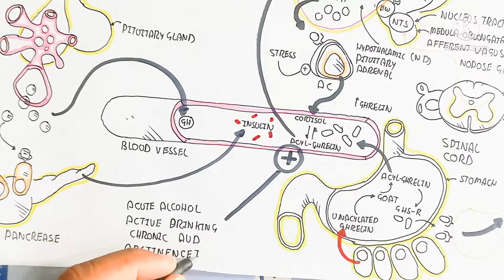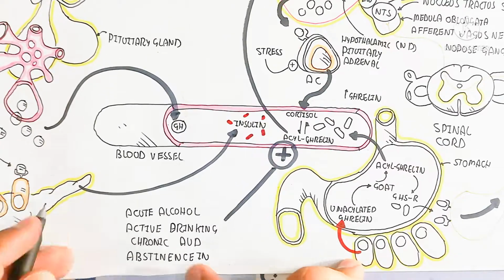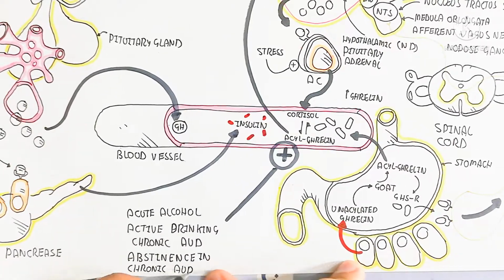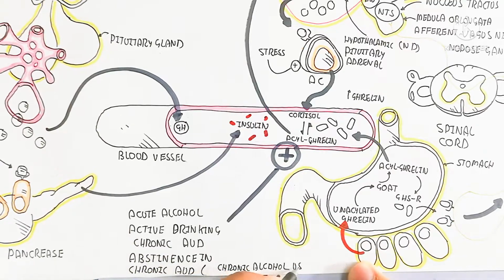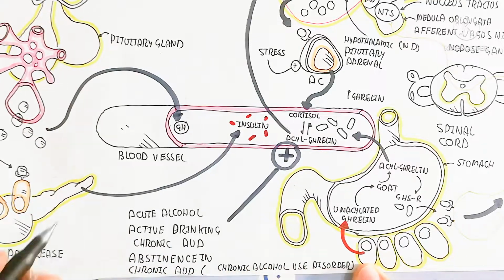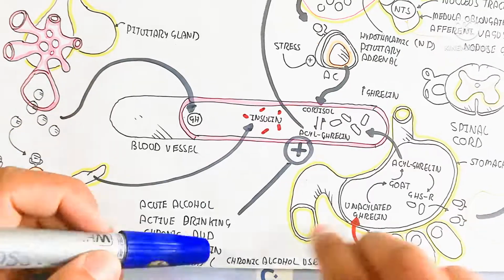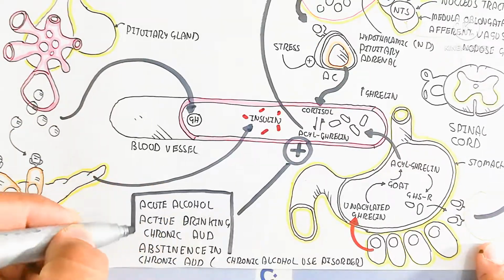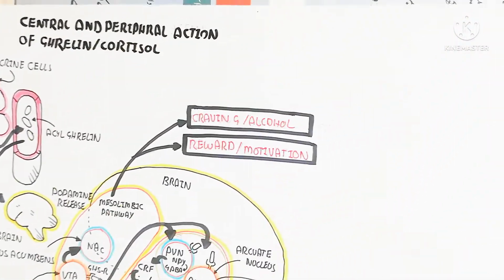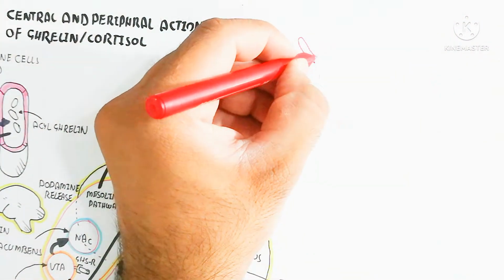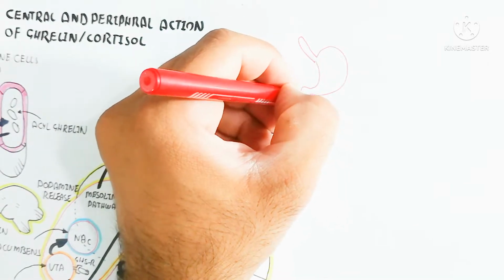So the acute alcohol, active drinking, chronic alcohol use disorder, and abstinence in chronic alcohol use disorder will trigger and increase the acetylcholine, which will increase the appetite related to alcohol consumption, while on the other hand the food consumption also.